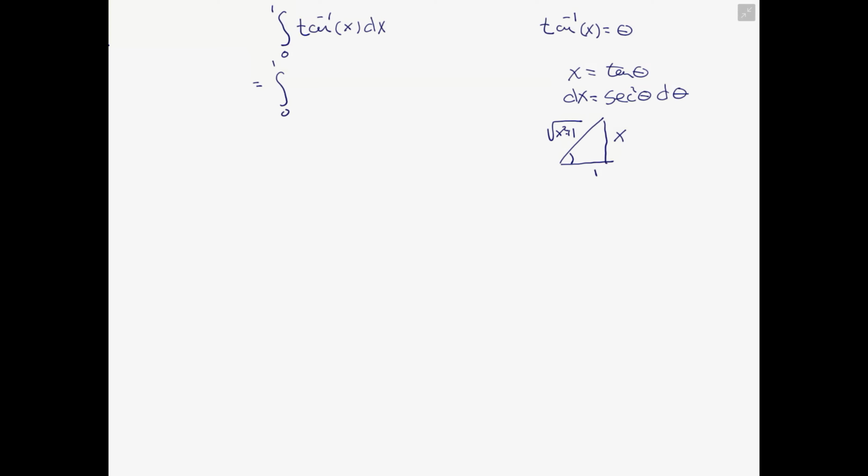So now we have 0 to 1. We have theta secant squared theta d theta.